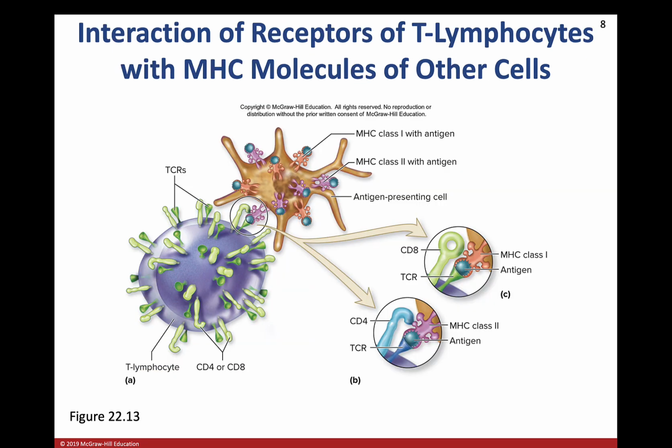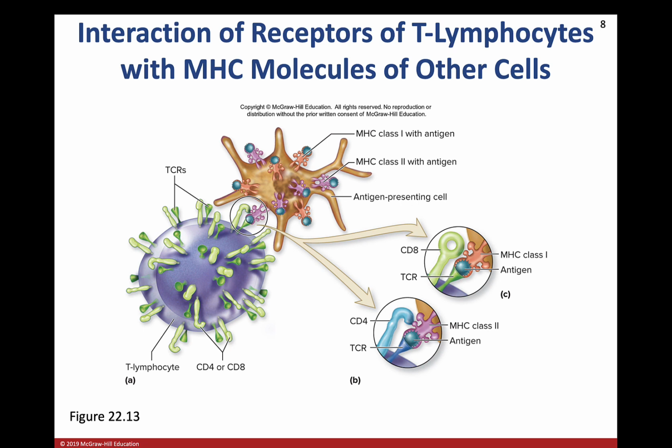Now here we're looking at the interaction of receptors of T lymphocytes with MHC molecules of other cells. So note what we have here. So here's the antigen-presenting cell. And remember, as an antigen-presenting cell, it has both class I and class II MHCs. Now, if we look at the T lymphocyte, we're basically looking at what MHC class I will actually bind to, specific to these proteins.